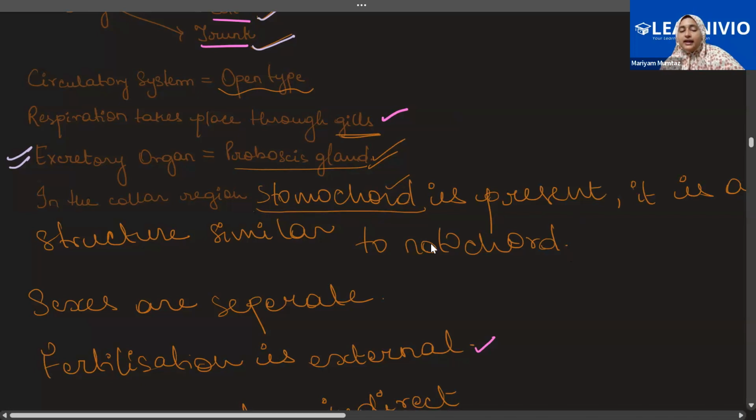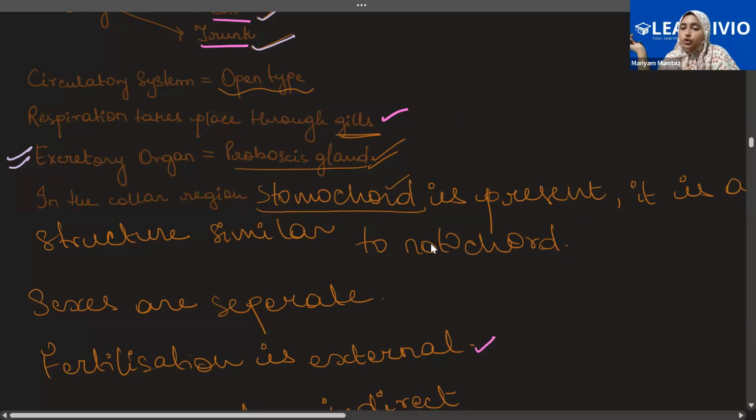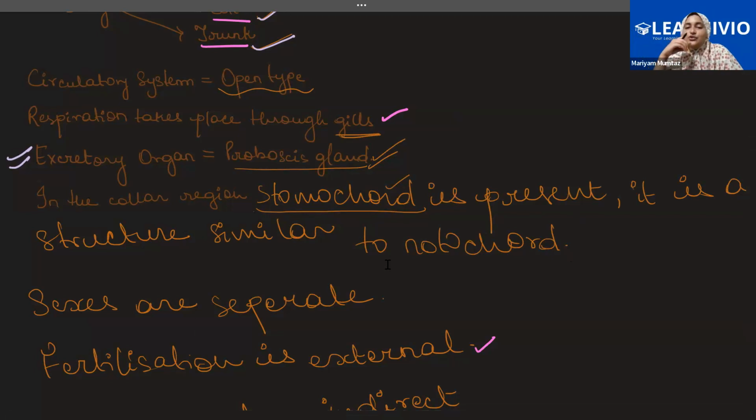In the collar area of the hemichordates, there is a stomochord. Stomochord is a rod-like structure that looks very similar to notochord, but it is not notochord. So you see how evolution is slowly happening. We are slowly moving towards the chordate situation, notochord formation.